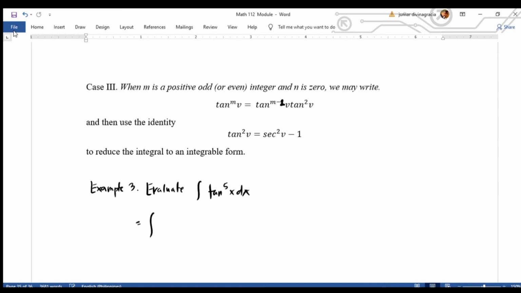So based on case number 3, we have tangent of 5 minus 2 of x dx, or let us remove first dx here.